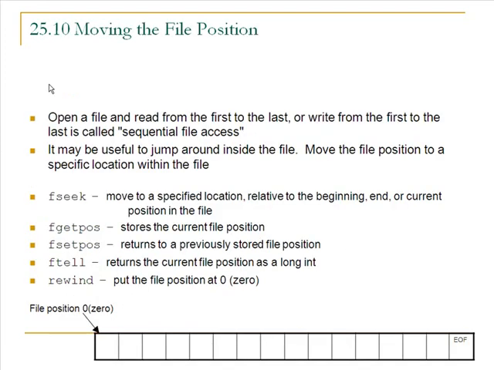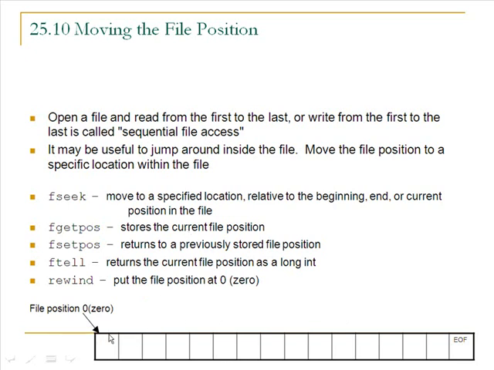Using binary files, it's possible to move the file position around. So we have this file position. When you first open the file, it points at the 0th byte in the file. If you want to jump from place to place in the file, we have some functions that allow you to do that. If you're not jumping around in the file, you're said to be doing sequential file access.